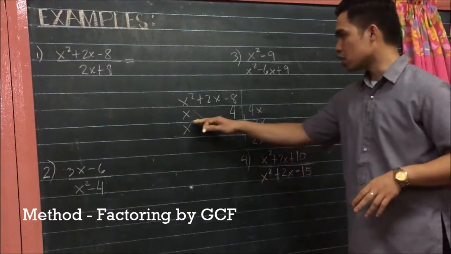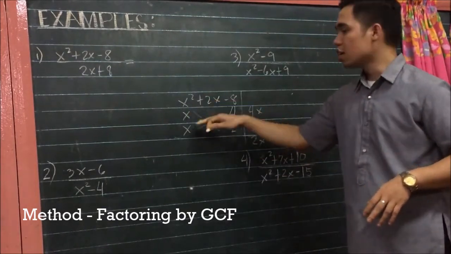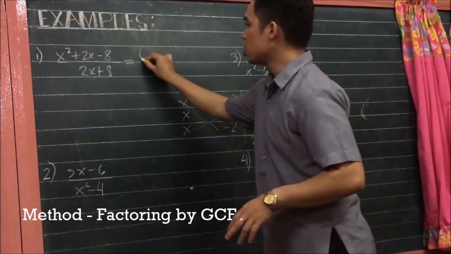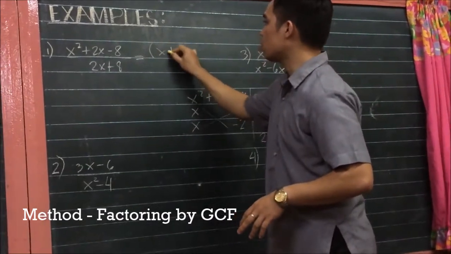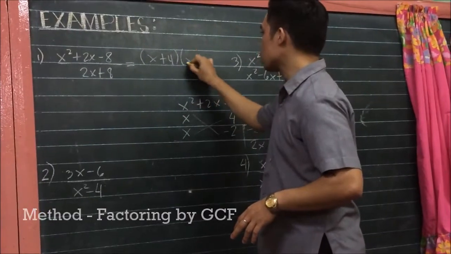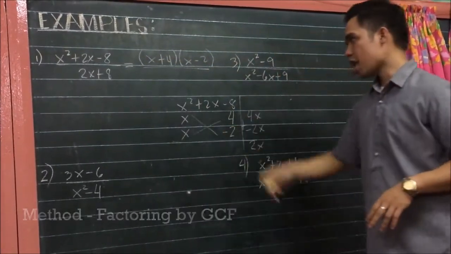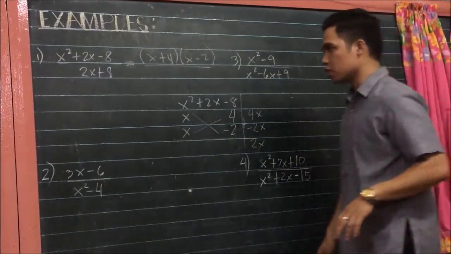So that means our factored form for this expression is x plus 4 times x minus 2. So the numerator is x plus 4 times x minus 2. Okay, so we have that numerator as factored form already.